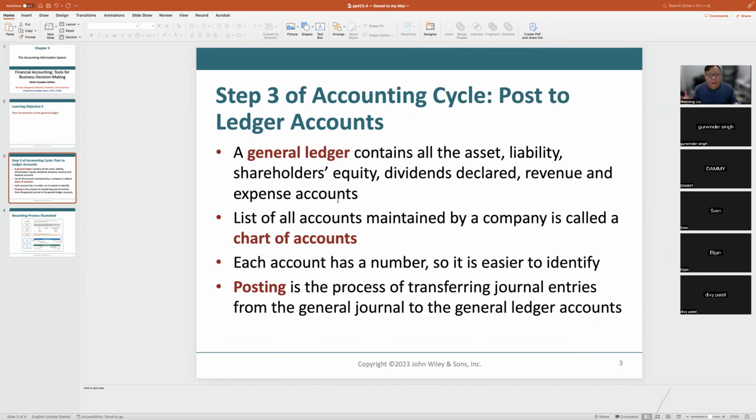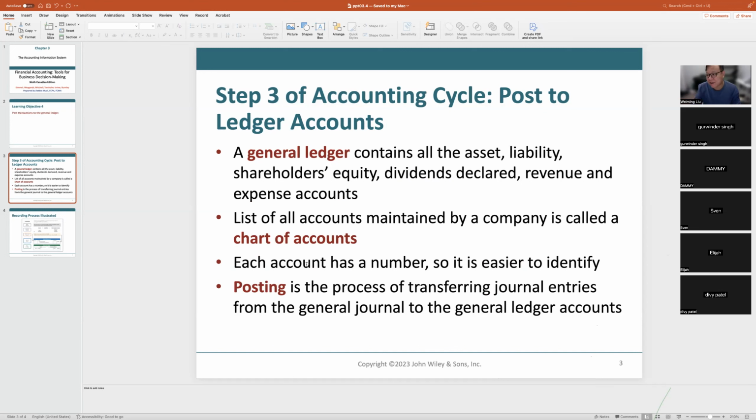Okay? So you would have a list of all these accounts: cash, equipment, revenue, salary, expenses, right? This is called a chart of accounts. So this chart of accounts has all the account descriptions, right? You always assign a number to each account.